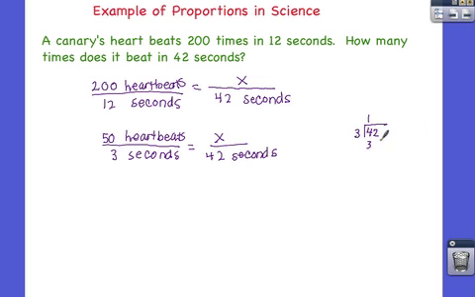So if I do 42 divided by 3, we find that 3 times 14 gives us the 42, so 50 times the 14 will give us x. So let's do 50 times 14.